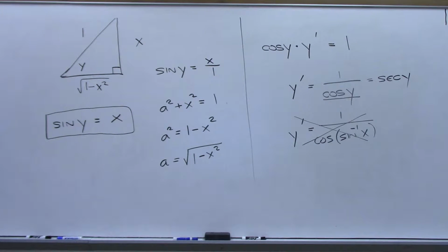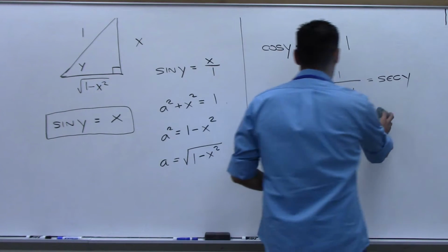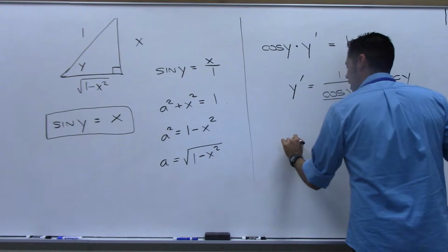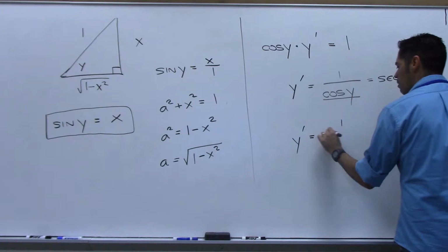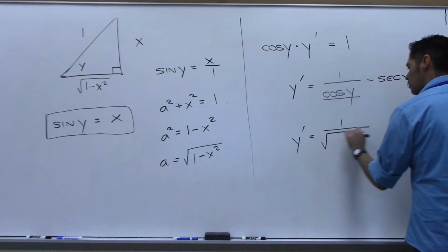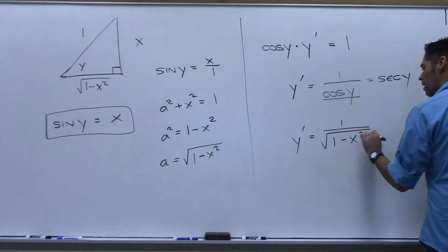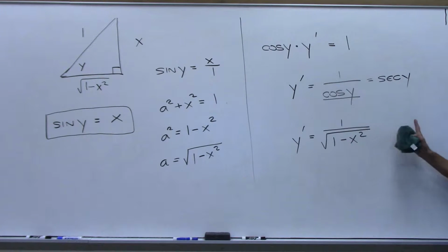No, that's cosine, sorry. Hypotenuse over adjacent is secant. Yes? Okay, so our answer should be this over this. So y prime should be 1 over square root of 1 minus x squared, so long as the x is between -1 and 1.